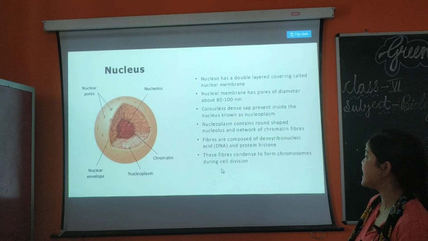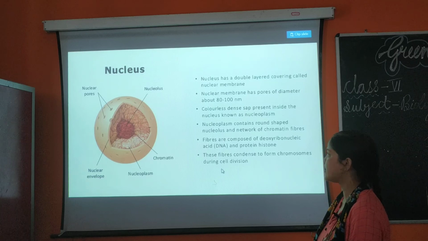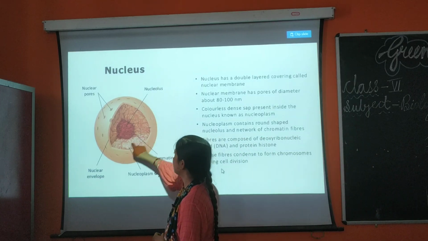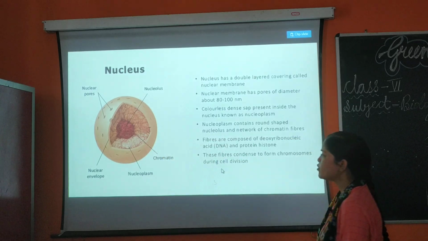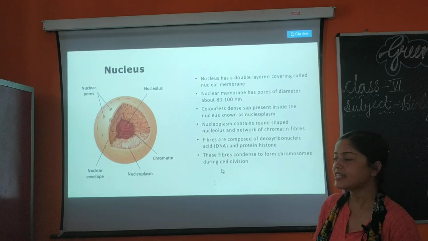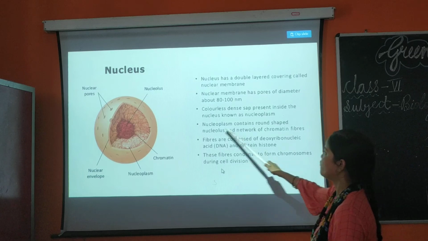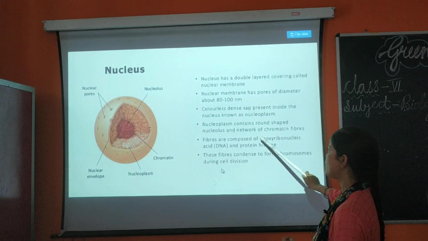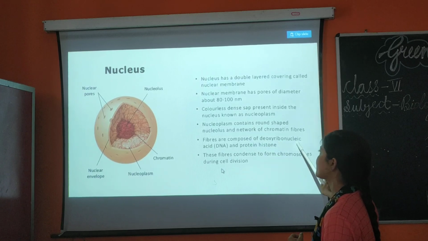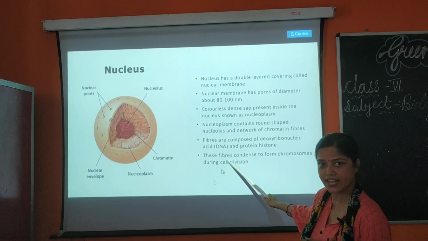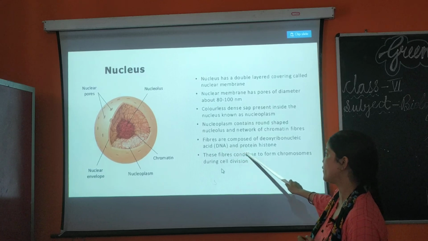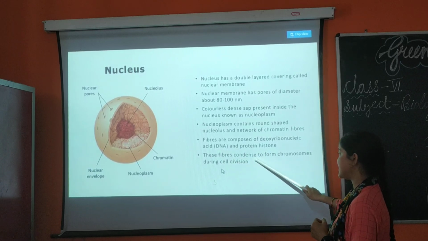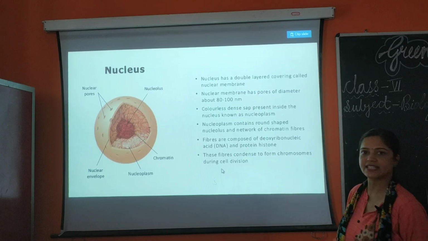Nucleoplasm contains round shaped nucleolus and a network of chromatin fibers, and fibers are composed of deoxyribonucleic acid, that is DNA, and protein histone. These fibers condense to form chromosomes during cell division.